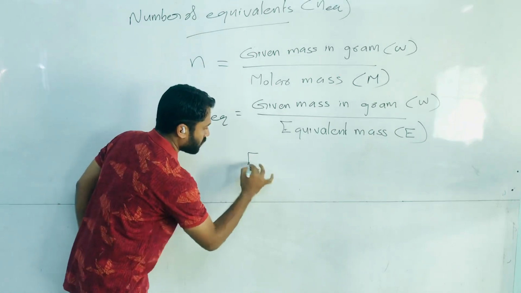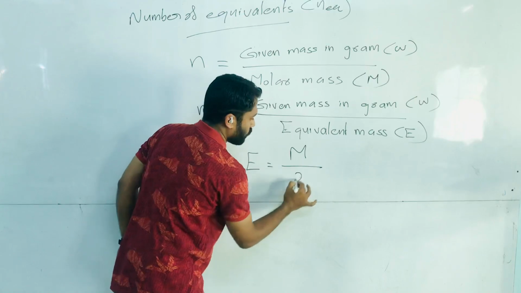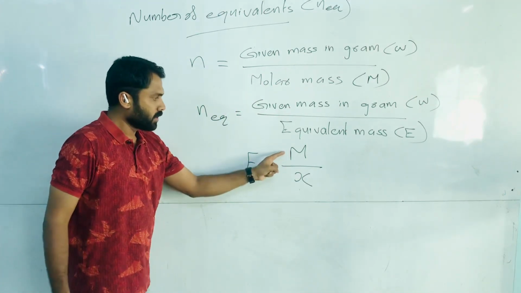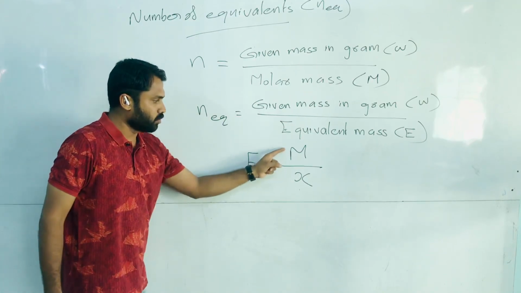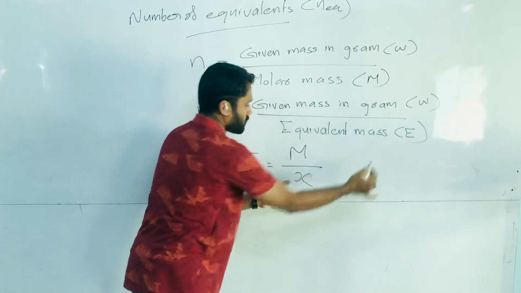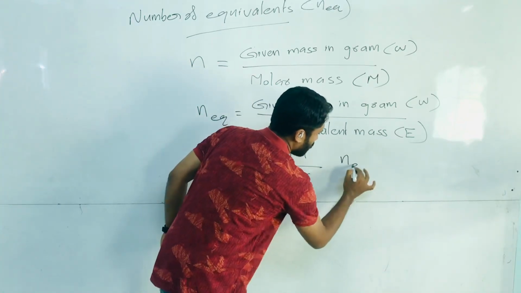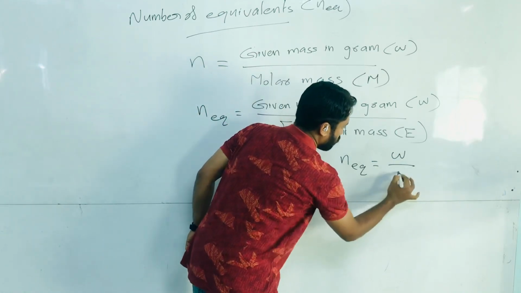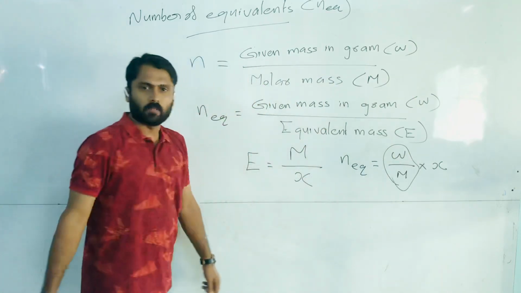We know the relation: equivalent mass equals molar mass by its valency. This representation was already given: capital M for molar mass, X for valency. So in this equation, for equivalent mass we can substitute molar mass by X. Then number of equivalents equals given mass by molar mass into X. What is given mass by molar mass?